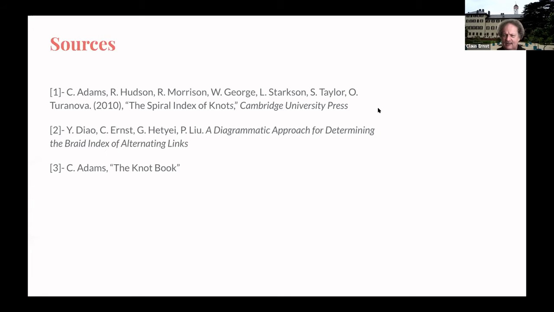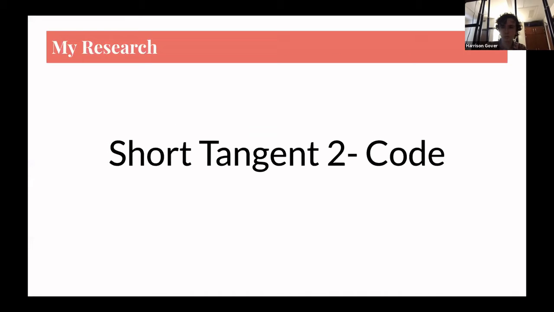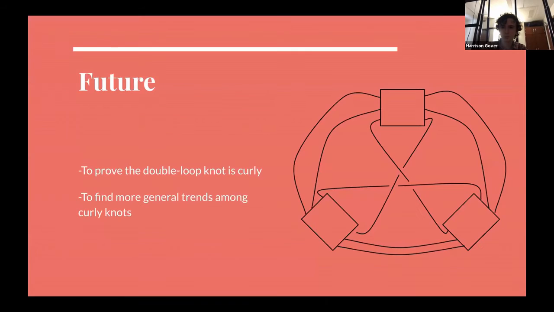Harrison, can you go back and show us a picture of this family you were talking about? Why are these things curly? This knot? No, the one before where you actually can prove that. For this one, we haven't proved anything.